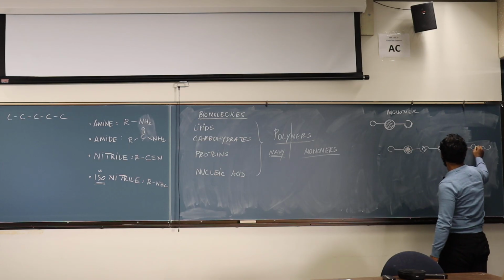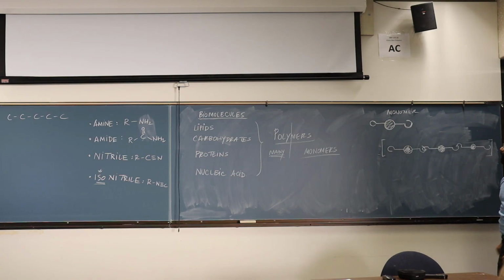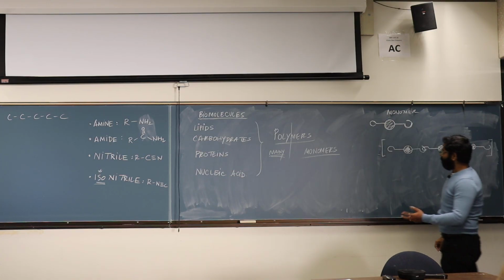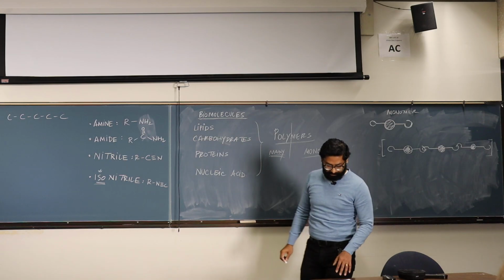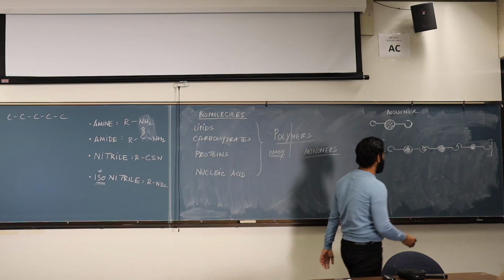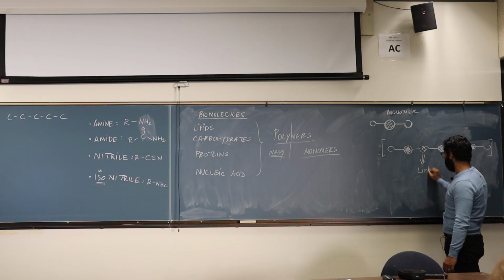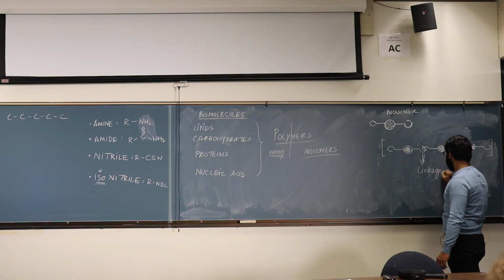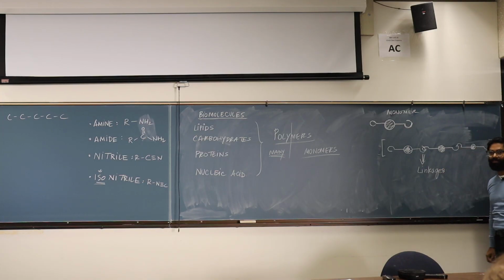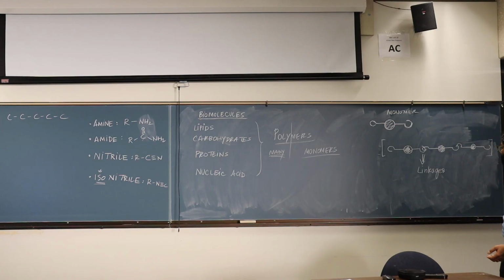Okay. And you can just go on and on with this. Okay? So when monomers come together, they form polymers, and you can think of these things as the linkages. And we'll see what are those chemical linkages with which you can actually make the polymers. Okay?